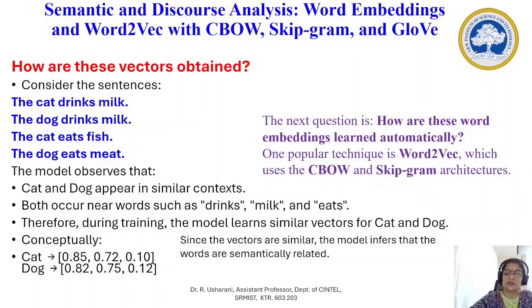Since the vectors are similar, the model infers that the words are semantically related. So word to vec uses word corpora like that, and it uses two architectures, CBOW and skipgram.